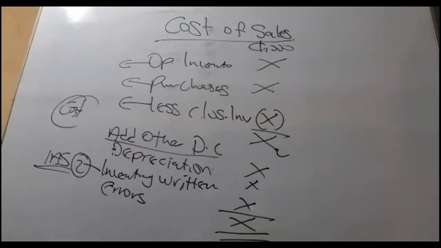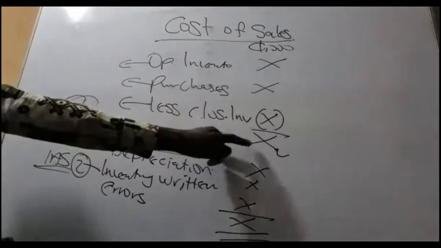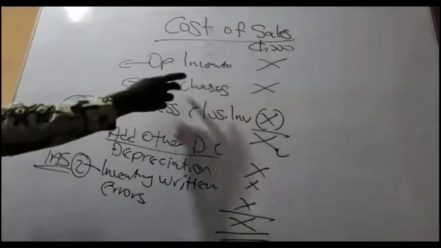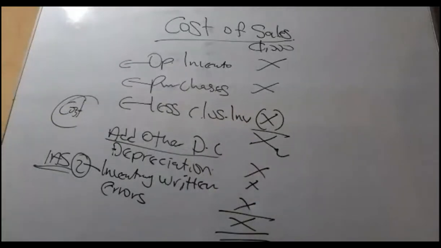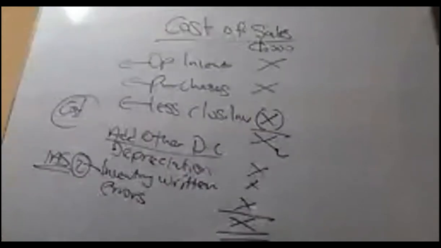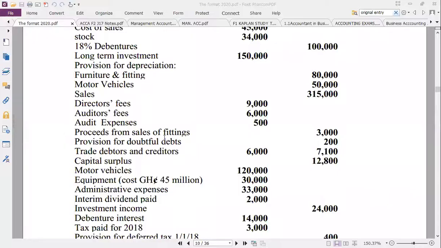So you look out for that one too for me. And then you calculate the cost of goods sold, this very one. Open inventory pages, left is inventory. You are done. Let's see. One of these questions contains what we are talking about here.